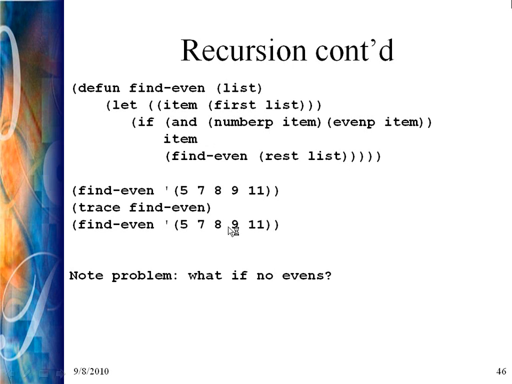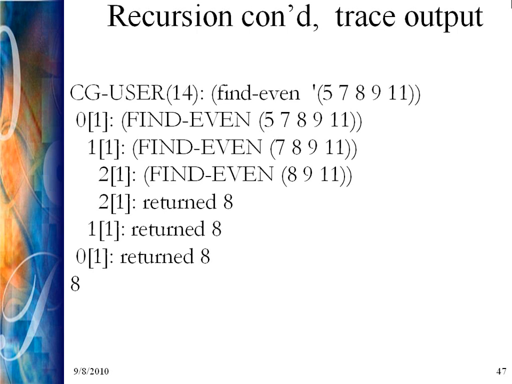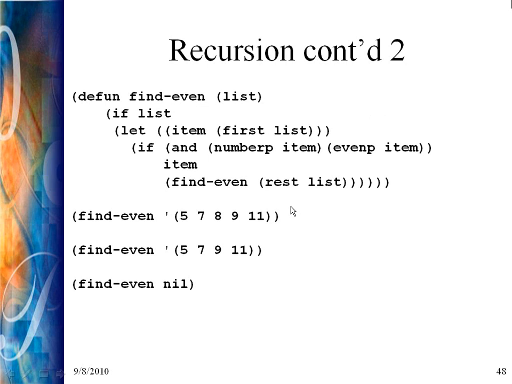If you did it without an even number, it would have gone into an infinite loop. Here's what the trace output looks like. It's very similar to what my output looked like. It's calling it with shorter and shorter lists, lopping off the first element until it reaches an even number.